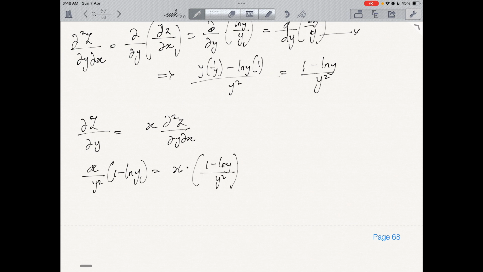Now we can see that in essence these two are the same.